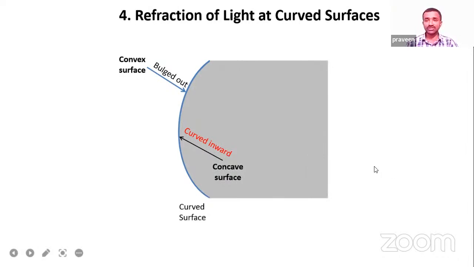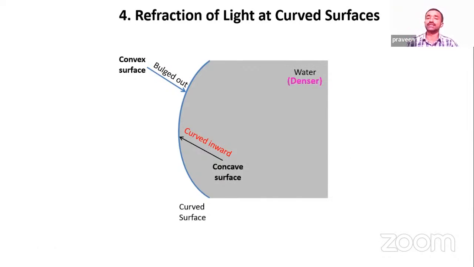So the optical density of the material medium is changing. Depending on its refractive indices, one may be considered a rarer medium and the other a denser medium. Suppose that the shaded region represents water.